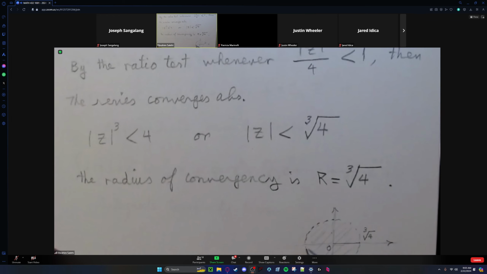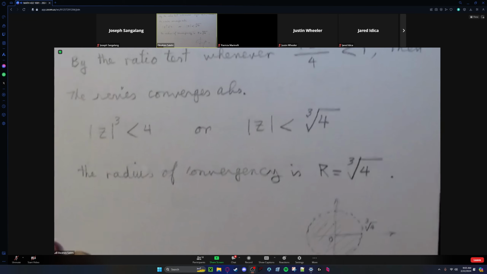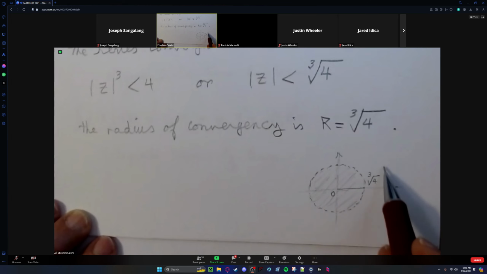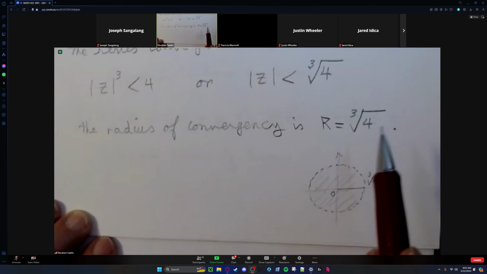If you go outside, it diverges, right? So this is the disk of convergence. Radius of convergence is right here, third root of 4.